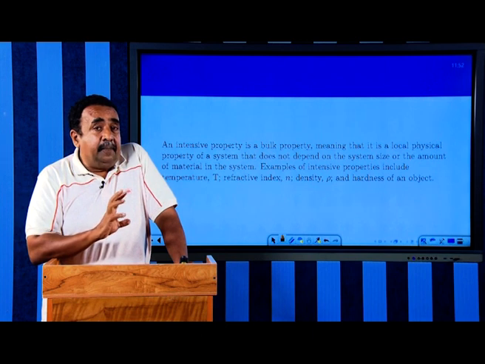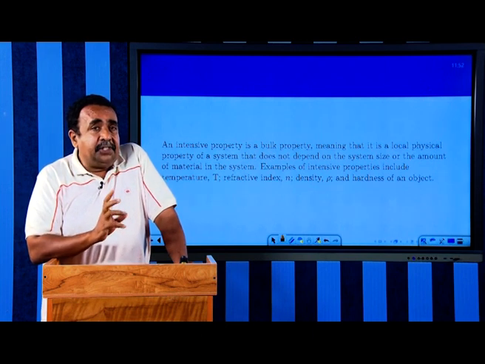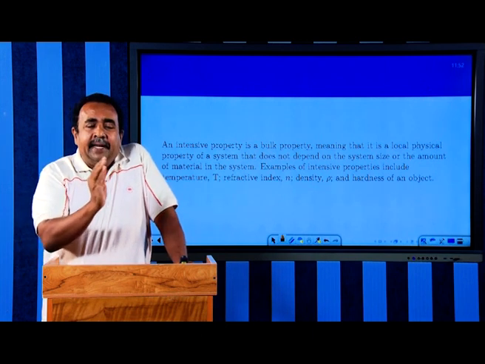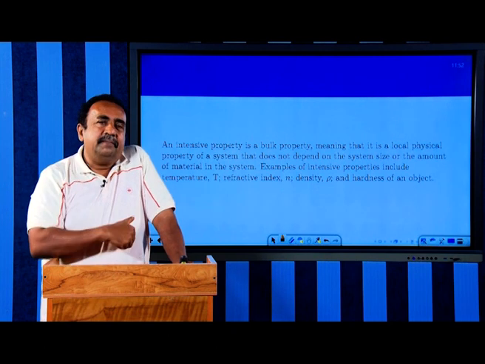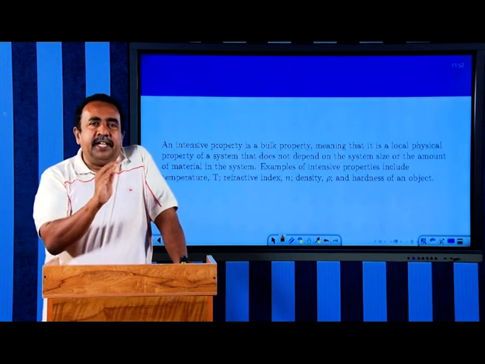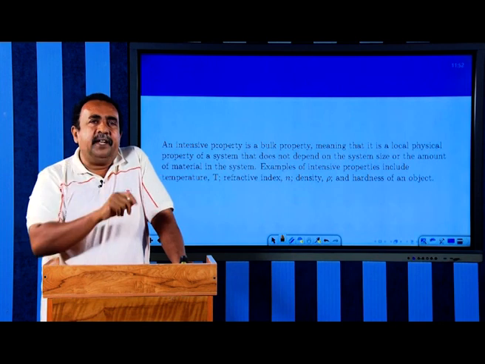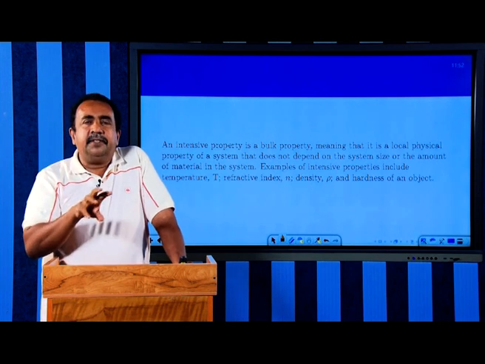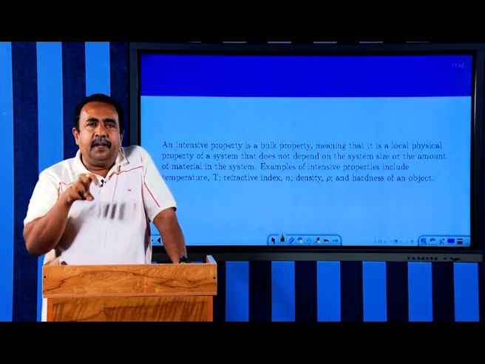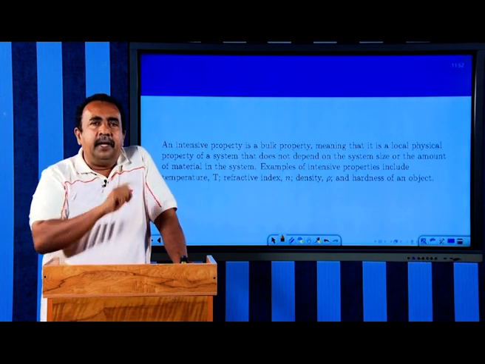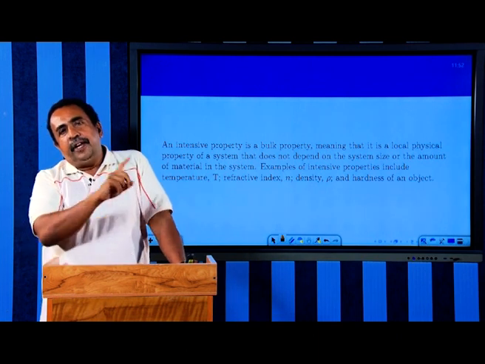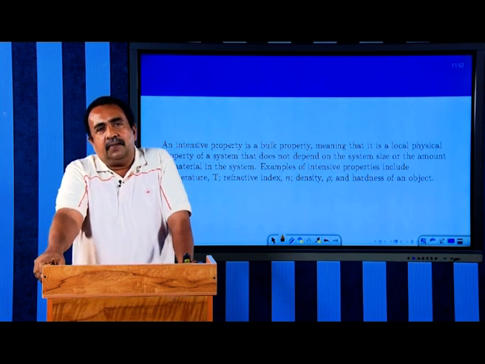Entropy, for example: by the Clausius statement, change in entropy is equal to change in energy divided by temperature. Energy is an extensive quantity, temperature is an intensive quantity, therefore energy divided by temperature will again be an extensive quantity. Therefore, entropy is an extensive quantity.